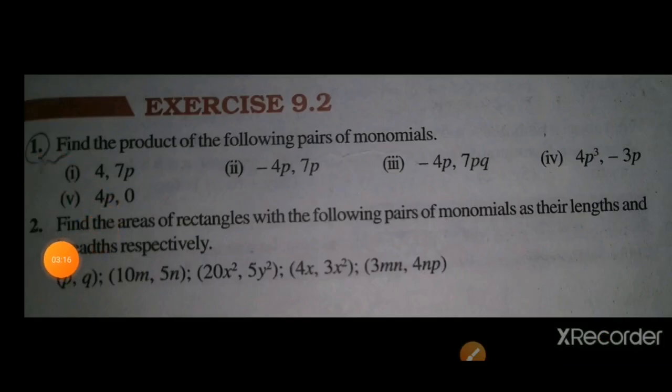Now the question second, find the areas of rectangles with the following pairs of monomials as their lengths and breadths respectively. For the first rectangle it is p and q. P is the length and q is the breadth.